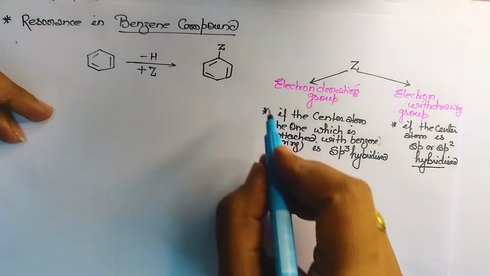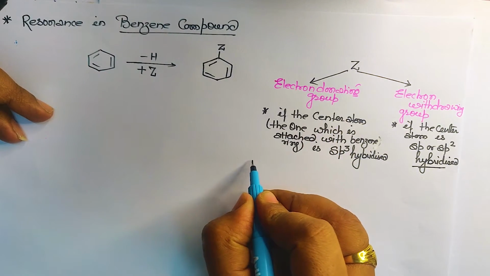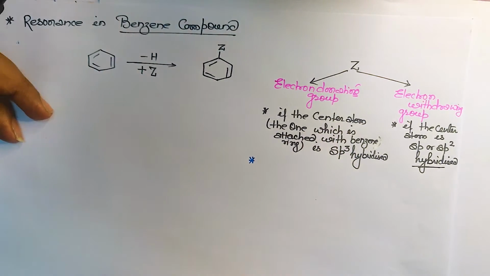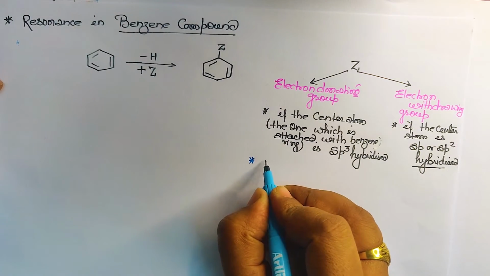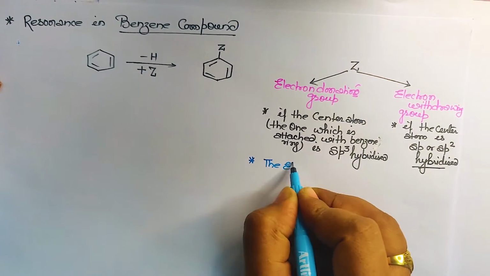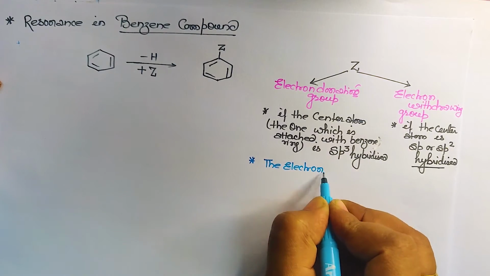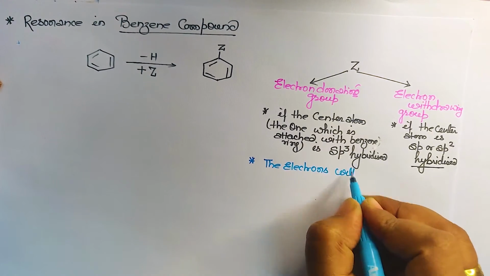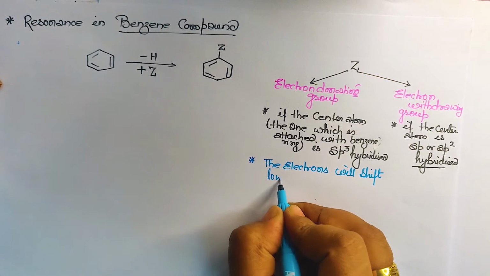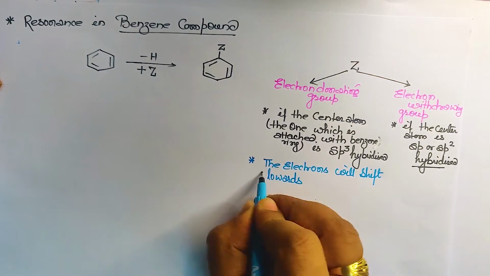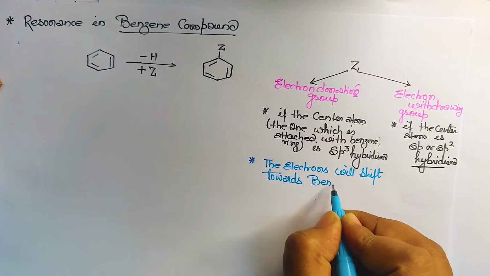Okay, if this is an electron donating group, what it will do, the electrons will shift towards the benzene ring. This is another trick, towards the benzene ring.